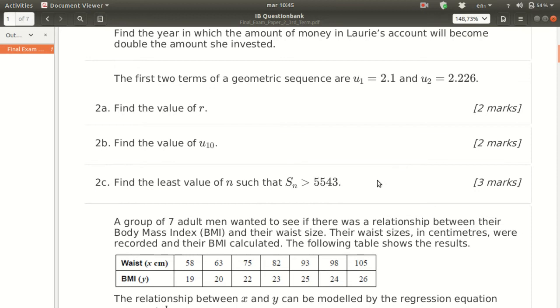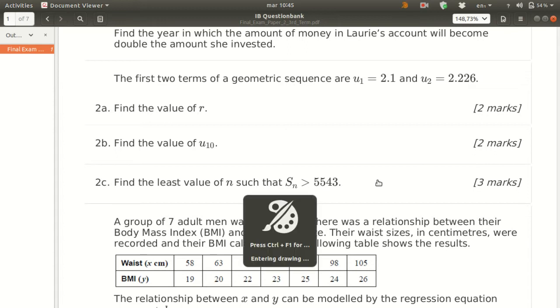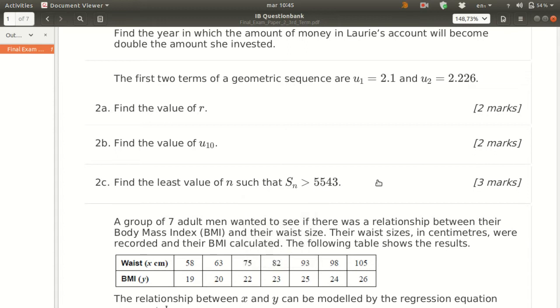All right, let's take a look at part C. Find the least value of n such that the sum of the first n terms is greater than 5,543. So there's again an easy way to do it and a hard way to do it. So let's do the hard way first.